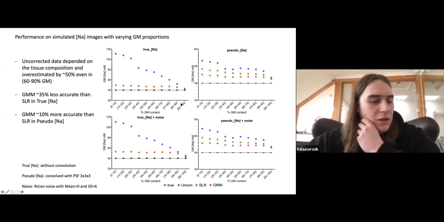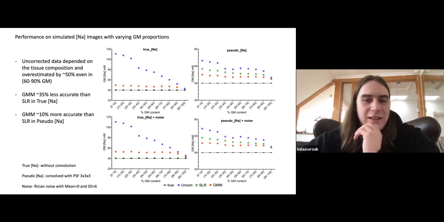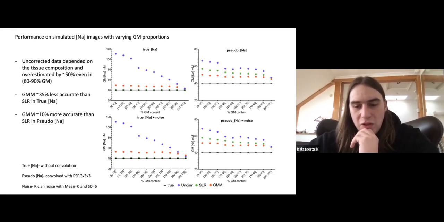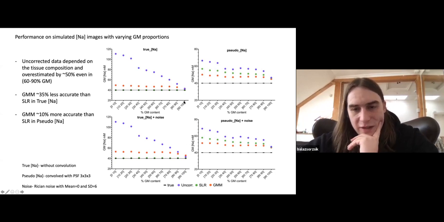And this is one of the face validity tests for a partial volume correction algorithm, that it should achieve the same results at each tissue mixing. Also, another way to check it is that at high tissue fraction, so basically 90 and 100% gray matter, the values are converging.